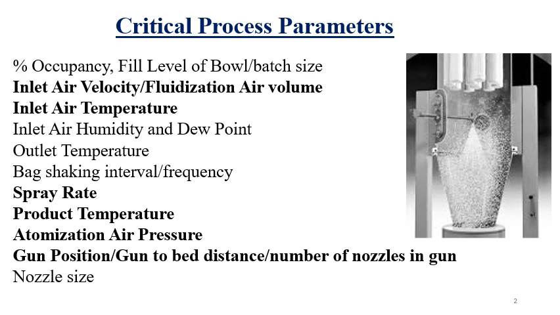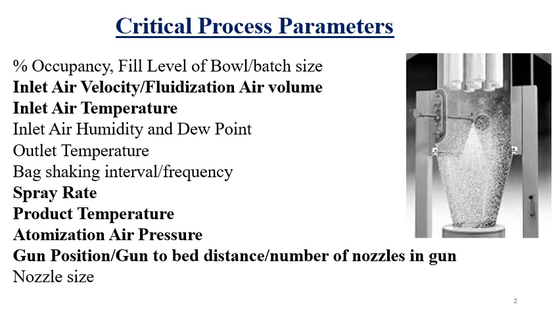If the occupancy is more than optimum, it will impact the granulation. Granules may not be proper. If the batch size is too low, then the spray may get affected and proper granulation will not be there.